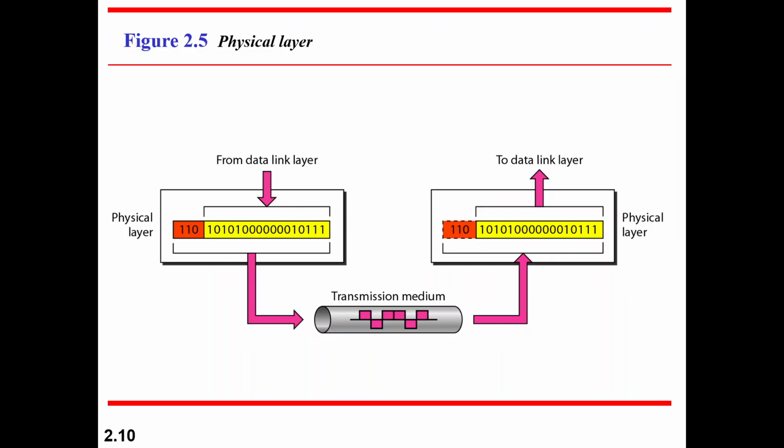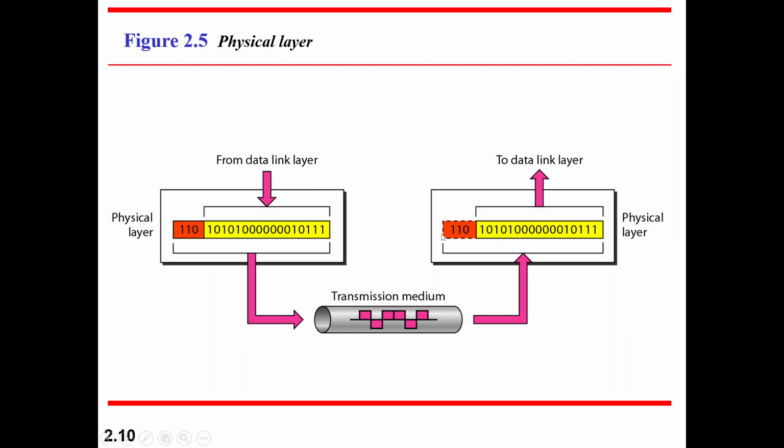It deals with the mechanical and electrical specifications of the interface and transmission medium. It also defines the procedures and functions that physical devices and interfaces have to perform for transmission to occur. The next figure shows the position of the physical layer with respect to the transmission medium and the data link layer.